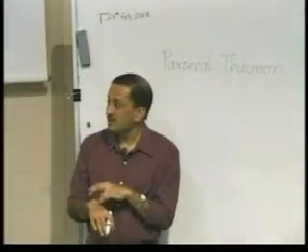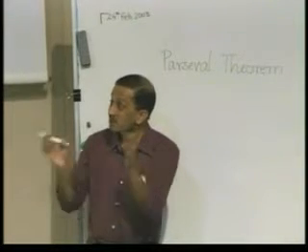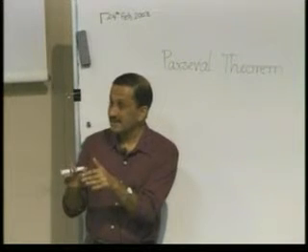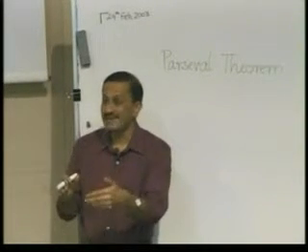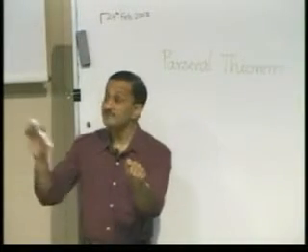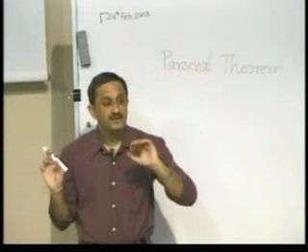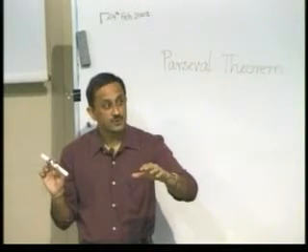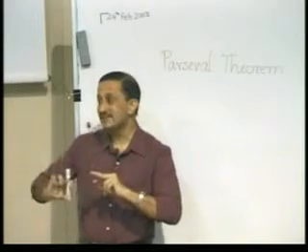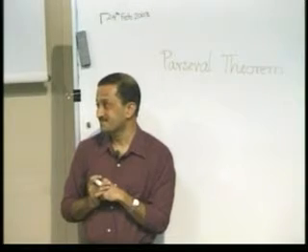Now what we are going to show is, if I take two signals and find their dot product, then this operation of finding the dot product is valid either in time or in frequency. That means it doesn't matter whether I calculate the dot product of the signals in time or in frequency.